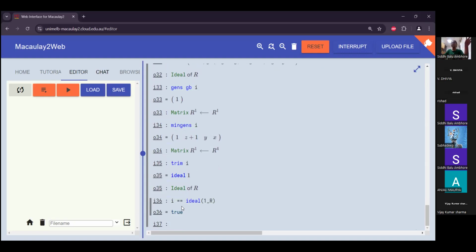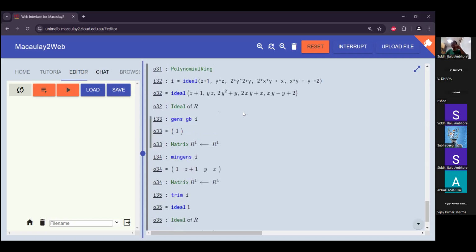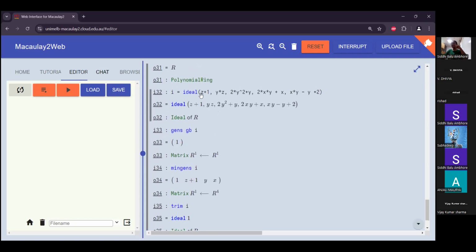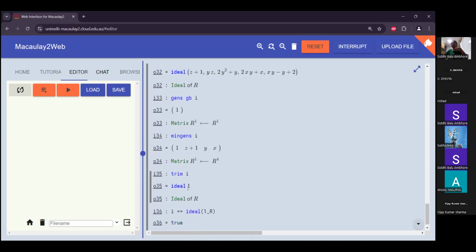Okay, please go. I don't understand the O34A here. Yeah, yeah. That one is there. Why one? If one is there, then the XY is there. Because I think it's because we defined the ideal like this. Even when I calculated this, it showed this, but when I do trim, it shows only one.